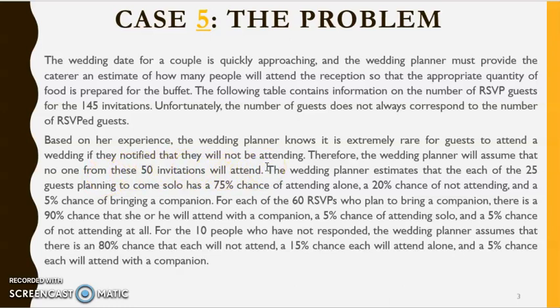The wedding planner estimates that each of the 25 guests planning to come solo has a 75% chance of attending alone. So it says, although they have RSVP'd themselves as solo attendees, there is only a 75% chance that they come to the wedding according to what they RSVP'd.